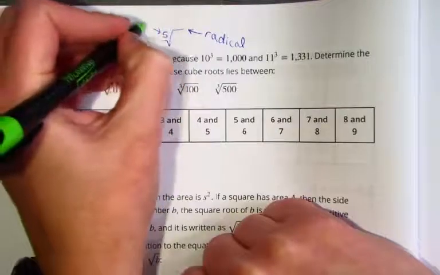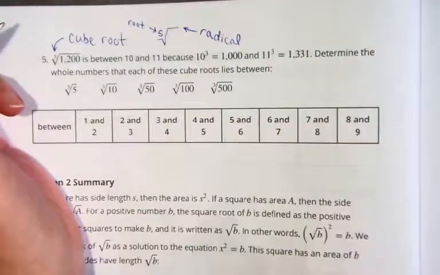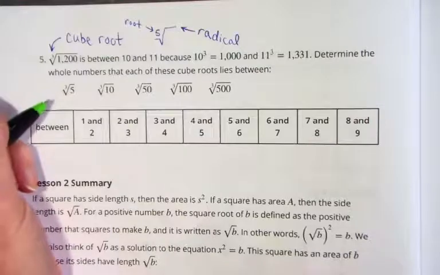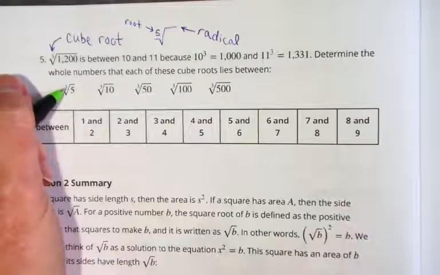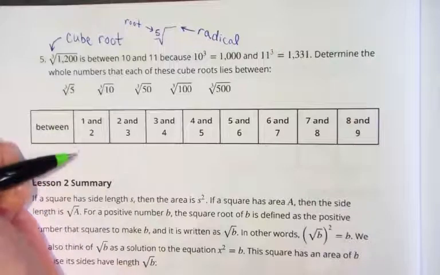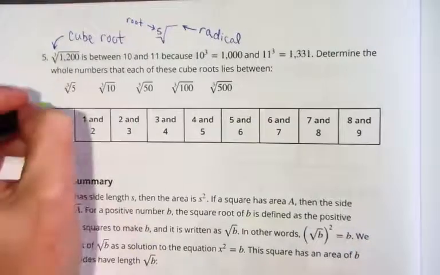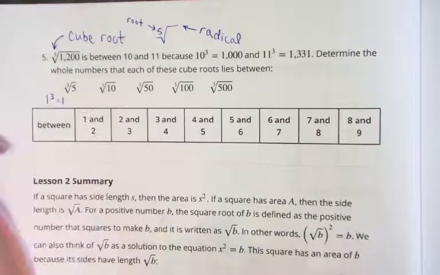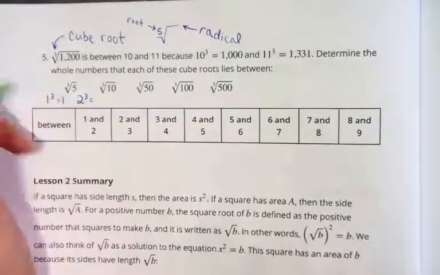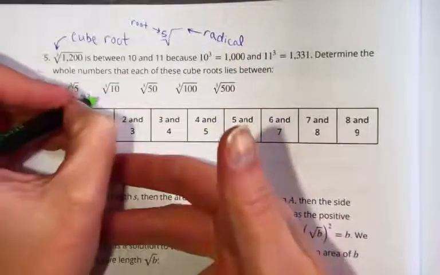This is telling us the root, and the radicand is the thing underneath it. But we're trying to figure out what numbers this would be between. So if I think about a number that's going to be multiplied by itself 3 times to get to 5, well, 1 to the 3rd power is 1, and 2 to the 3rd power is 2 times 2 is 4, times 2 is 8.